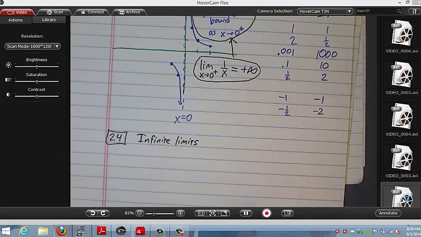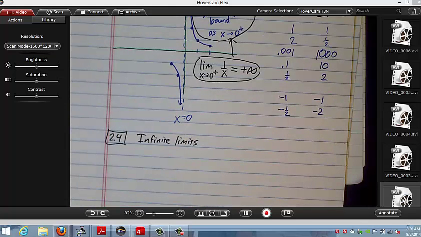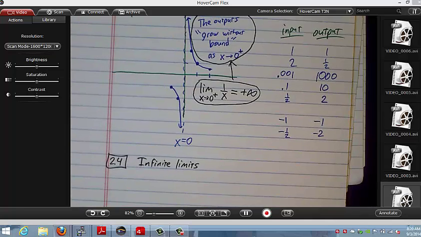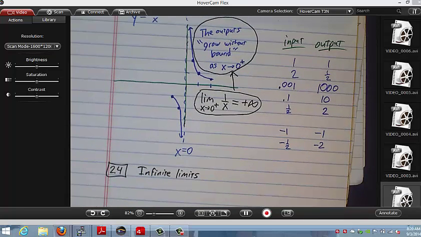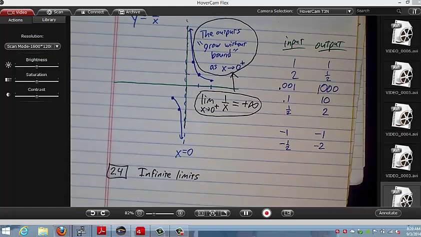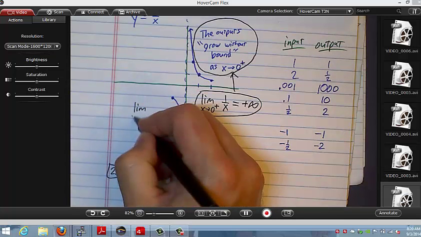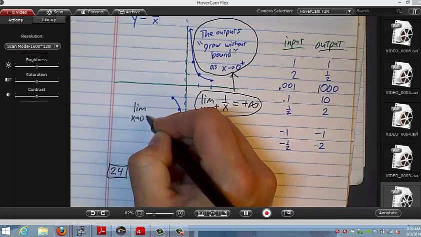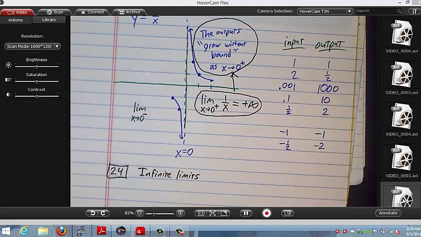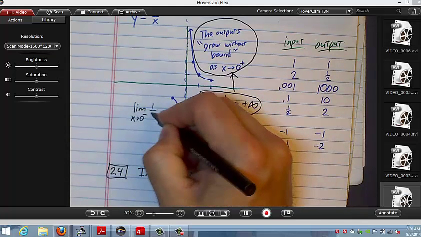So then, like I said, how are we going to say what's happening over here? Well, I guess a couple things I can say. First of all, I'll say the limit as x approaches 0, and I'll put the negative sign, right? Because I'm talking about what happens as I come in from the left-hand side. And again, my function is 1 over x.